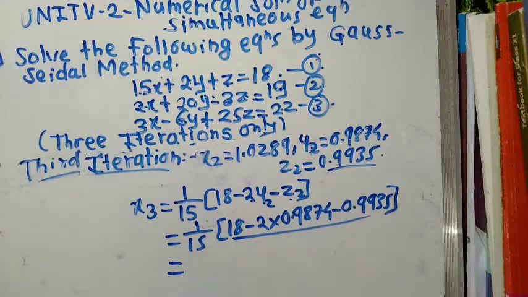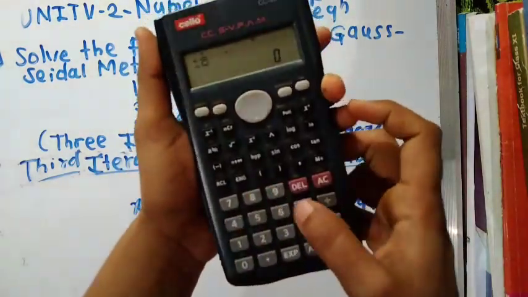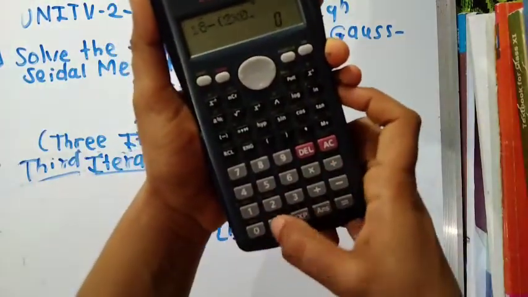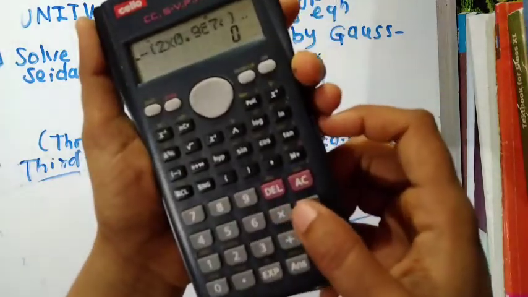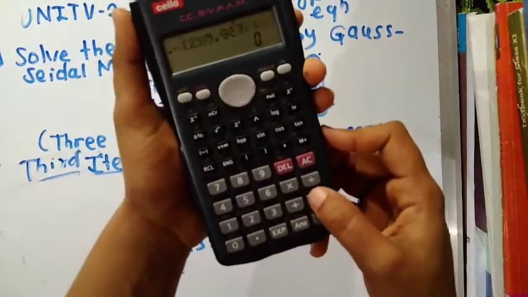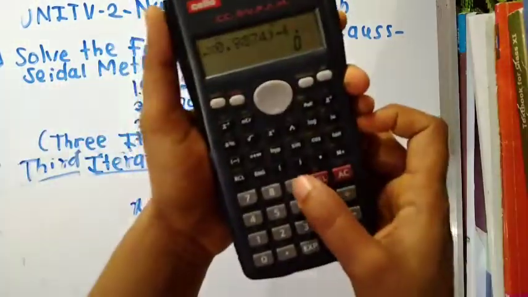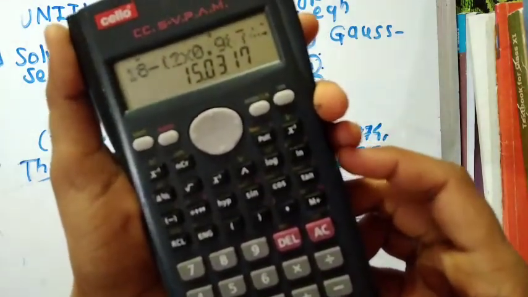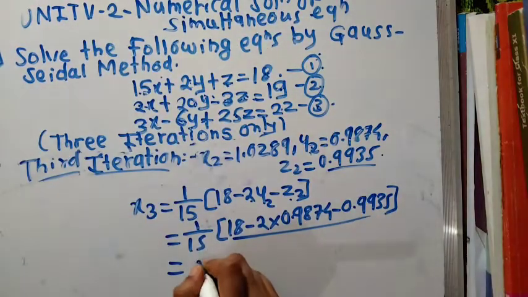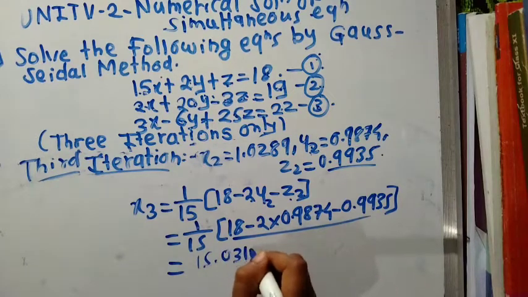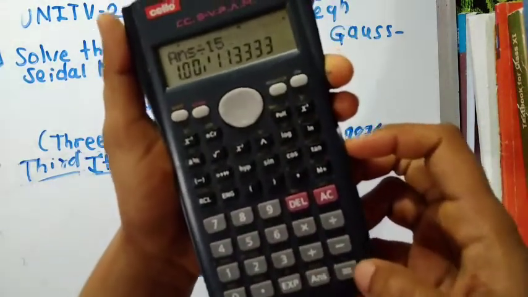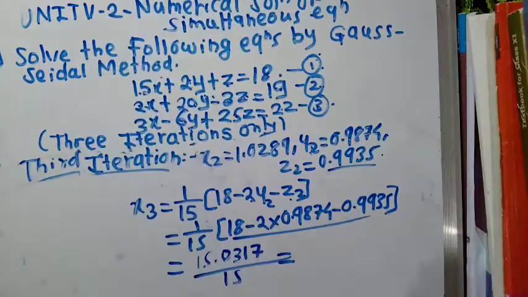First find out this value: 18 minus 2 into 0.9874 minus 0.9935, which is equal to 15.0317. 15.0317 divided by 15 is equal to 1.0021.